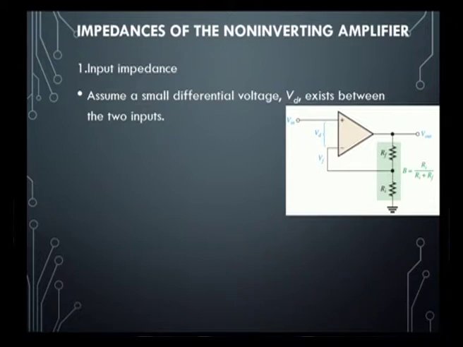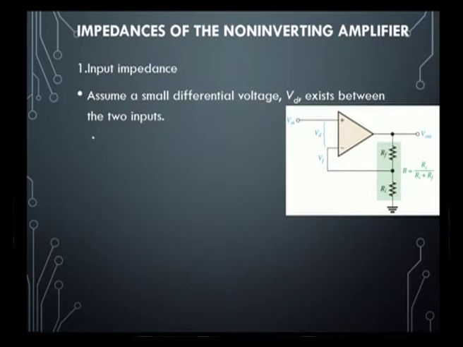First we consider the input impedance of a non-inverting amplifier. Here we assume a small differential voltage Vd exists between the two inputs. In the picture we can observe the non-inverting amplifier having Vd as a differential voltage, equal to V in minus Vf.